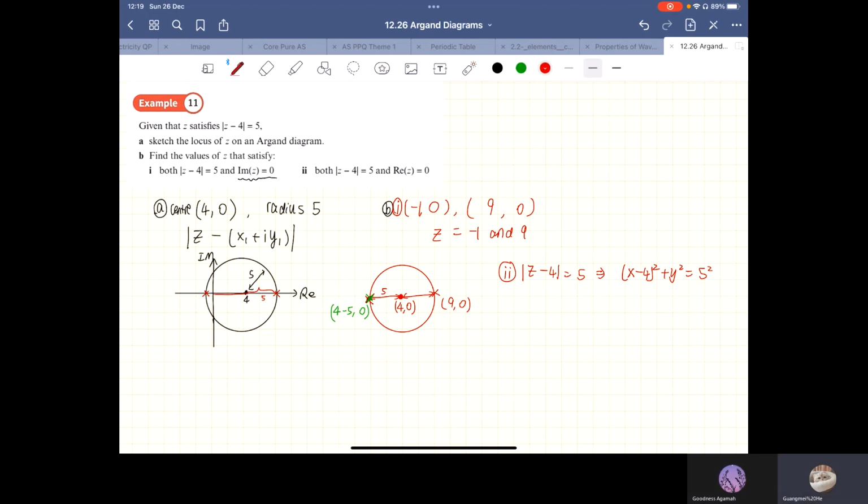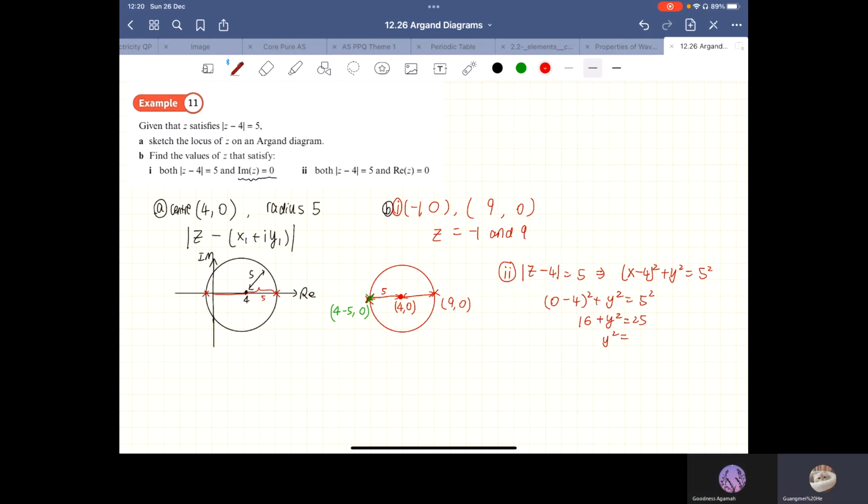And then we continue to simplify. We'll write 0 minus 4 squared plus y squared equal to 5 squared. This would be 16 plus y squared equal to 25, and y squared is equal to, can you rearrange what y squared equals to? 25 minus 16.